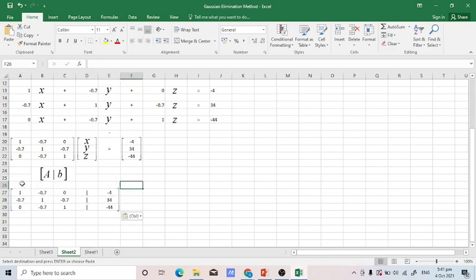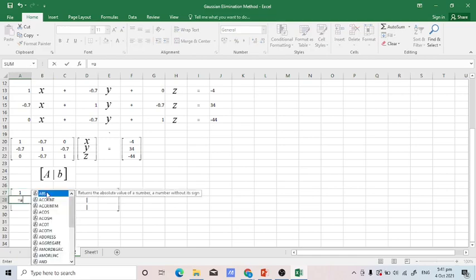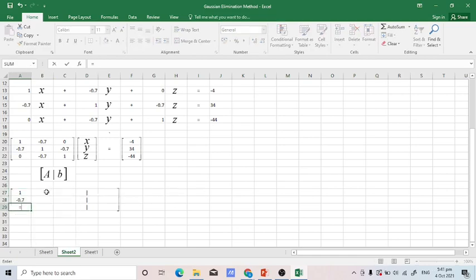Para sa ating augmented matrix, A, sulat lang natin to, A11, and then drag down lang natin. Or kahit hindi mo i-drag down, A21, sulat mo na lang, A22. Tapos ito, negative 0.7, so equals din siya dyan, i-drag down mo na rin.